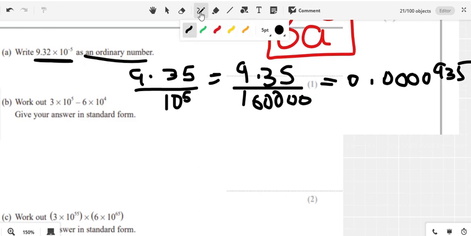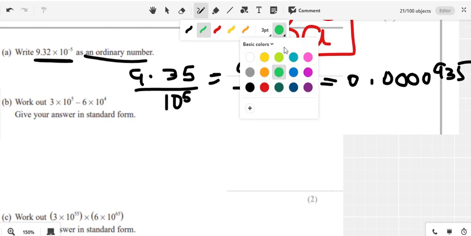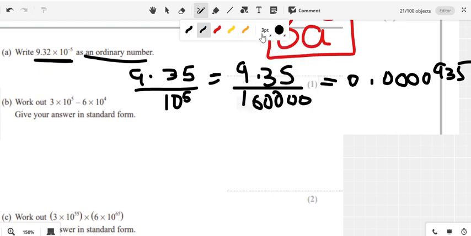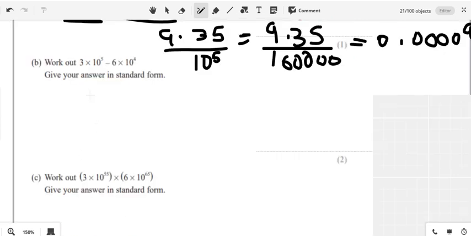Now next question they are talking about, work out 3 times 10 to the power of 5 minus 6 times 10 to the power of 4. Give your answer in standard form.